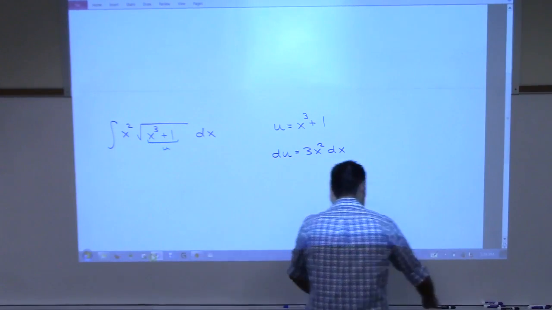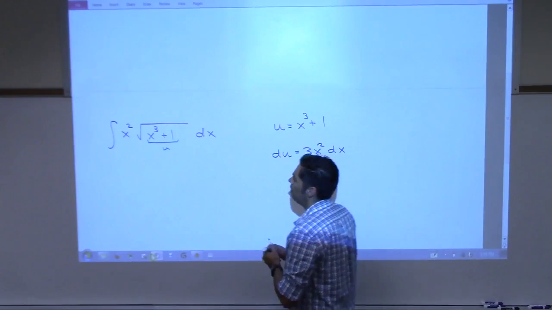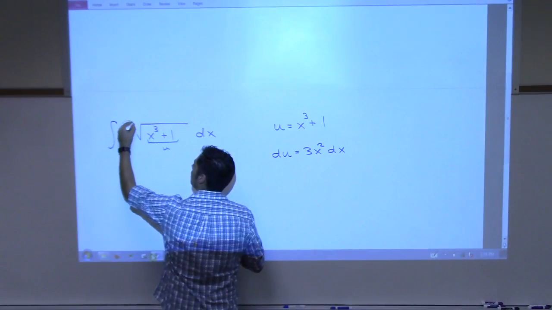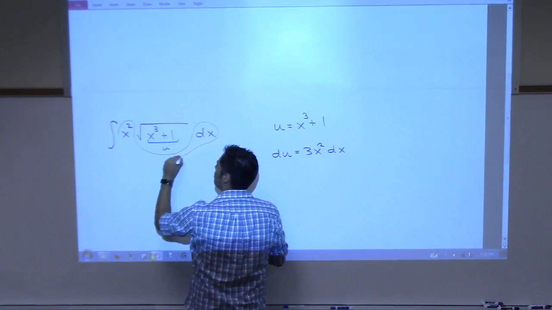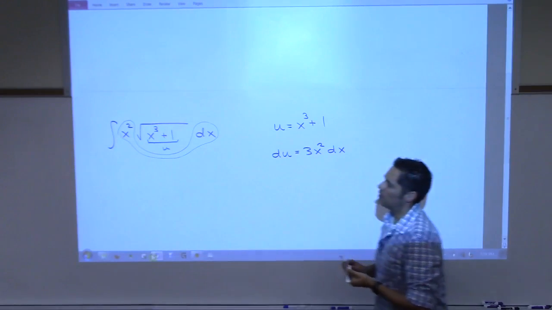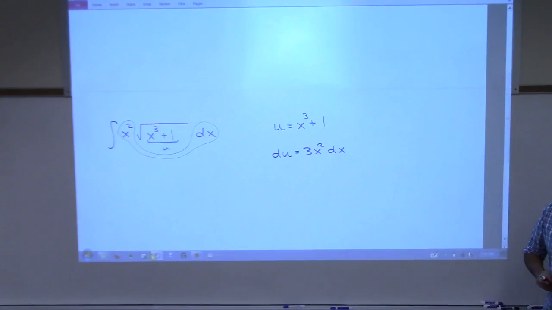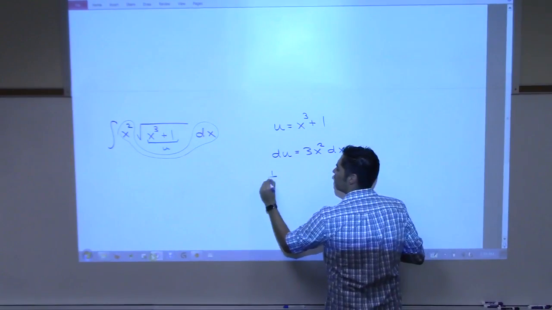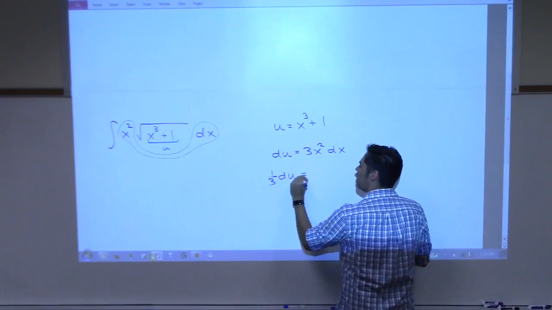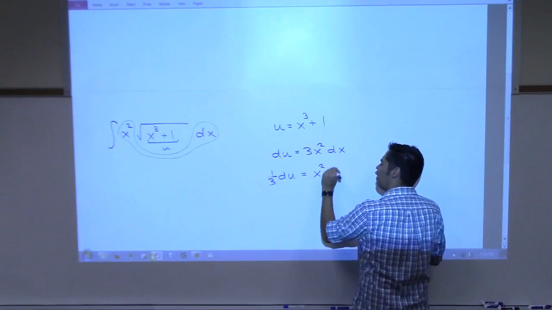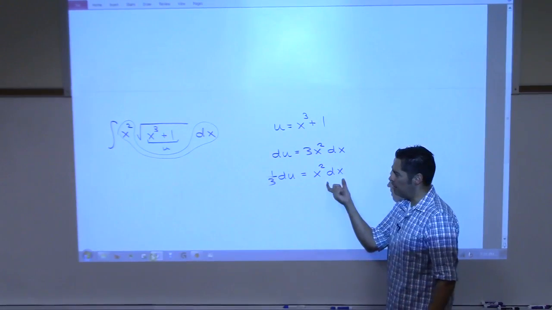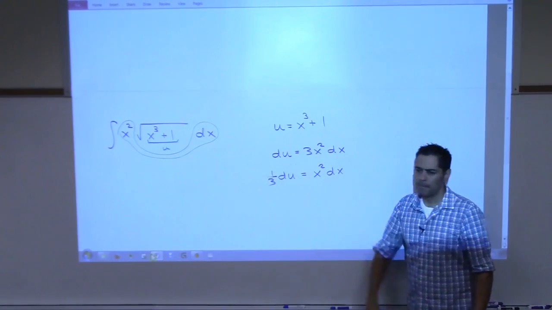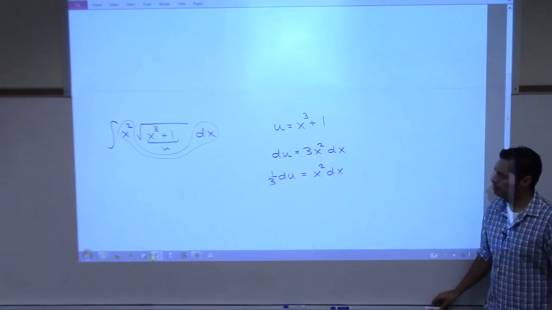And then, instead of rewriting the whole thing, just remember, this clumped along with this, those two together, are going to become something. What are they going to become? 1/3 du, because you still have to scale this to get x squared dx. You need x squared dx, so you need that 3 out of here, and you scale it out.